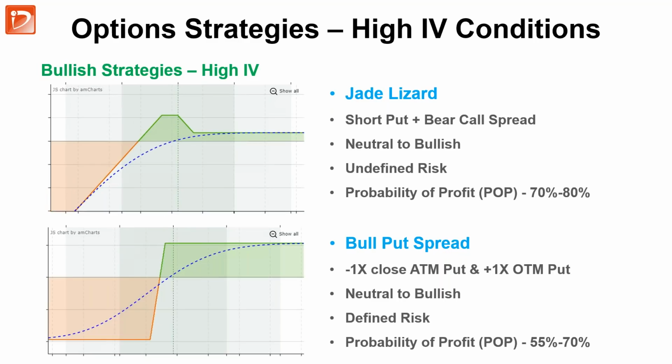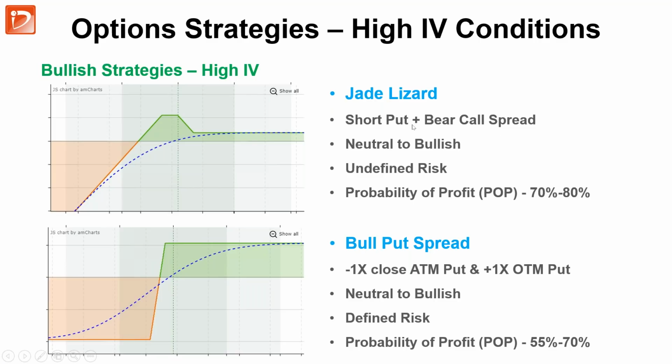Now the other bullish strategy under high IV condition is a jade lizard. It's also called a broken iron condor by some people. It involves selling a bear call spread. Basically, you are selling an at the money call and buying an out of the money call. And then you fund this bear call spread by selling a put.